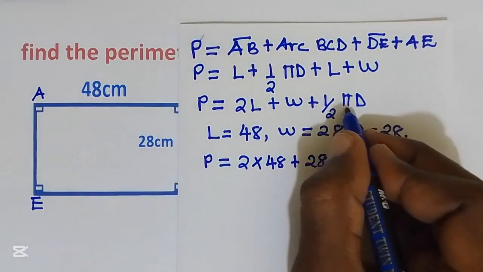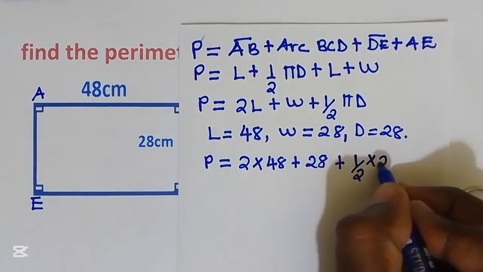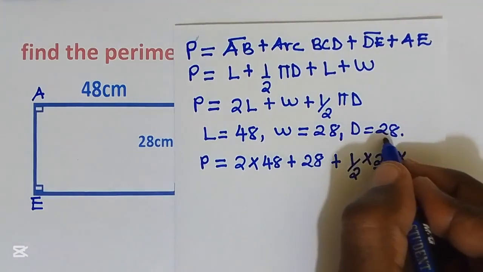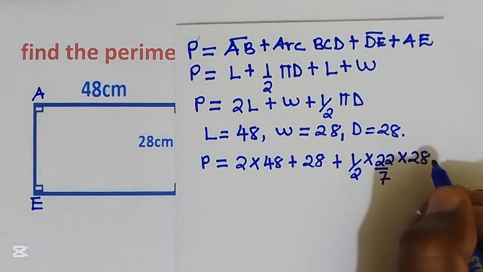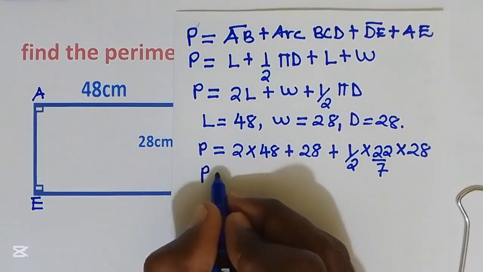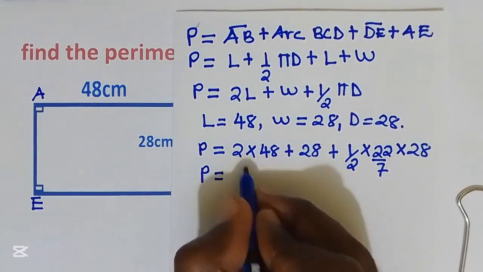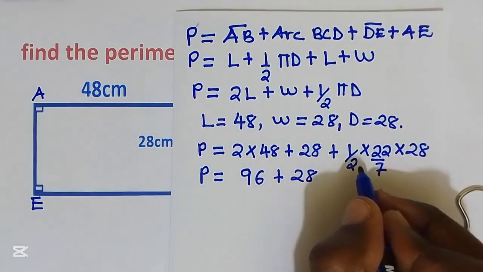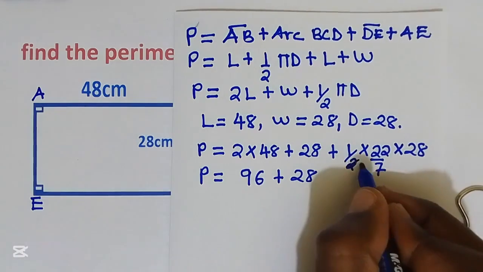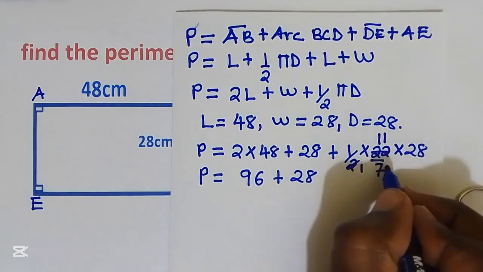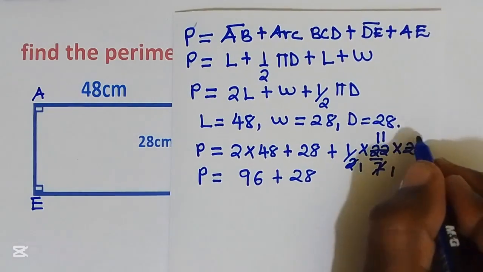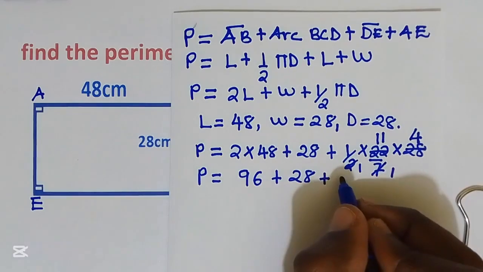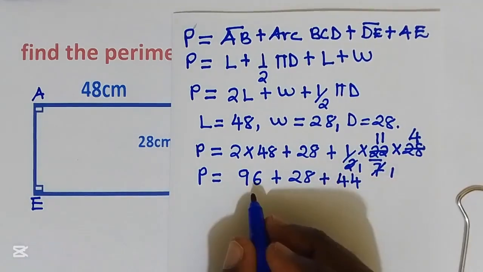I'm going to use pi as 22/7, then multiply by d, which is 28. 48 multiplied by 2 is 96, plus 28. I can simplify here: by 2, 1; by 2, 11; by 7, 1; by 7, it is 4. 4 multiplied by 11, we are going to add 44.